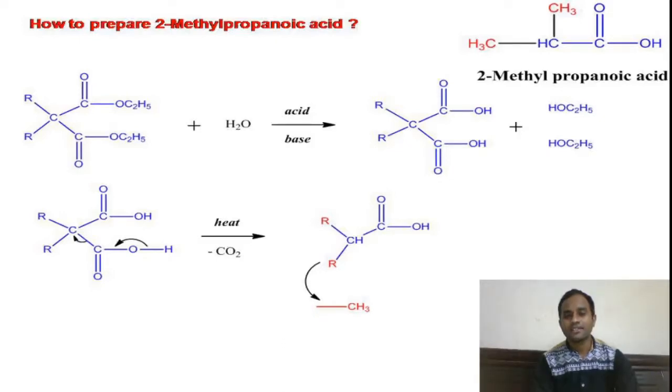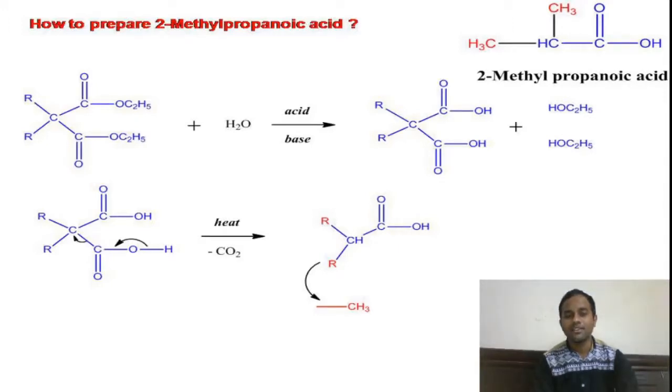When we replace this R group with methyl groups, we will get 2-methyl-propanoic acid. Just compare the dialkyl substituted carboxylic acid product in our reaction with the 2-methyl-propanoic acid which we want to prepare, right? If we replace this R group with the methyl group, we will get 2-methyl-propanoic acid as the final product.